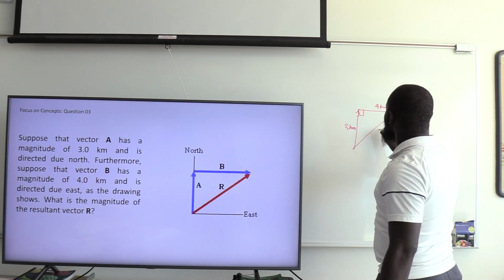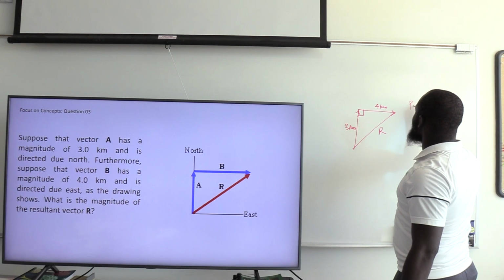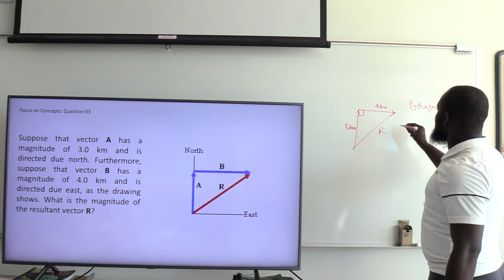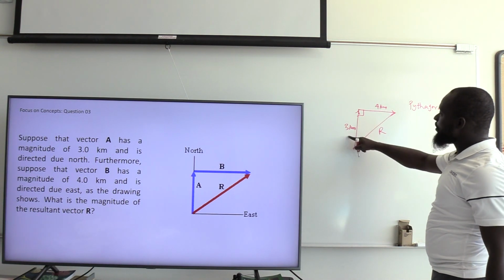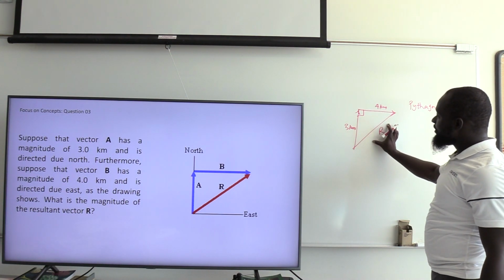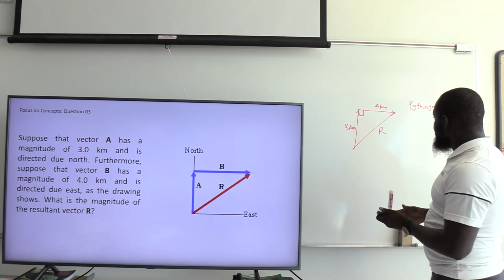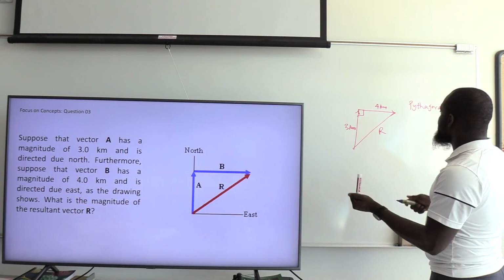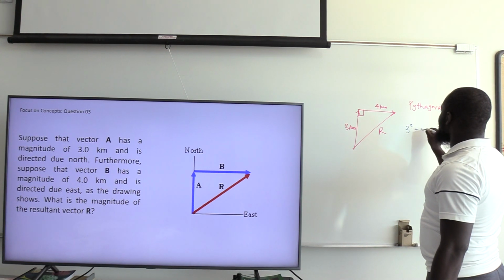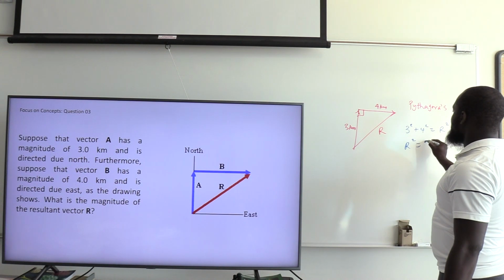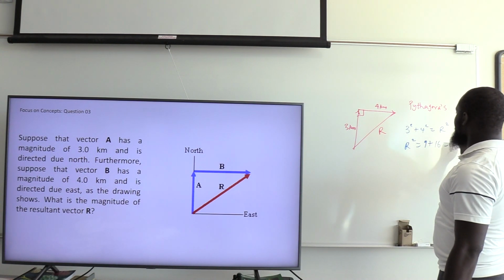This is a right angle triangle, so here I'm going to use the Pythagorean rule. Pythagoras says that if I have a right angle triangle, the squares of the other sides summed together are equal to the square of the hypotenuse. So 3 squared plus 4 squared equals R squared. R squared is 9 plus 16, which is 25.